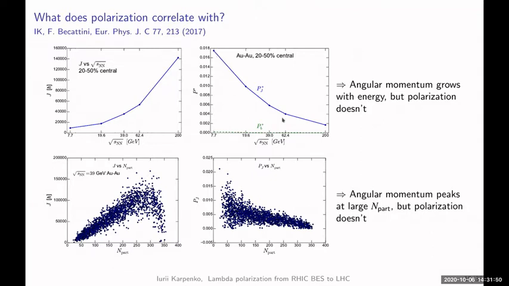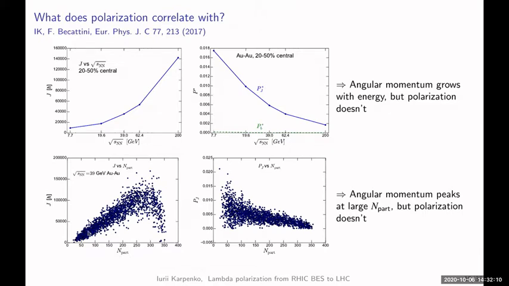Even if you scale the total angular momentum with energy, that still wouldn't decrease as much with collision energy. The other argument is that there is also the n part or centrality dependence of the angular momentum.